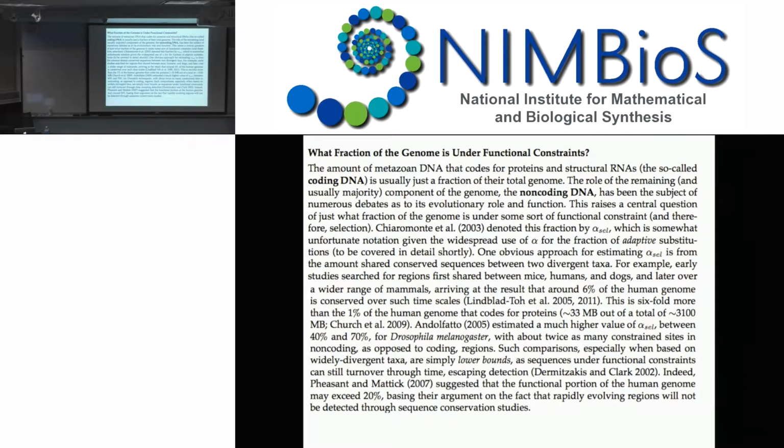Now that's obviously a lower bound because important sequences which are conserved can still turn over, and so those conserved sequences might be found in the great apes, but you wouldn't find them, for example, in dogs. So additional studies went in and looked in a little bit more detail, which I'll get to in a second. The same logic in Drosophila, and between 40 and 70% of the melanogaster sequence seems to be constrained when looking at sister species.